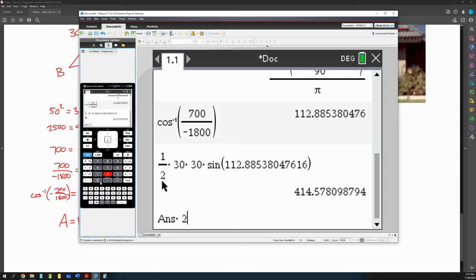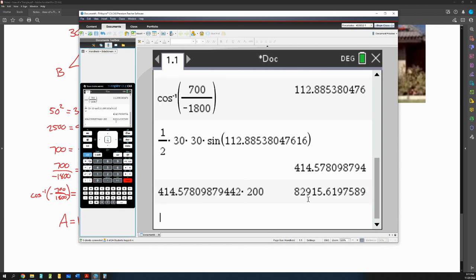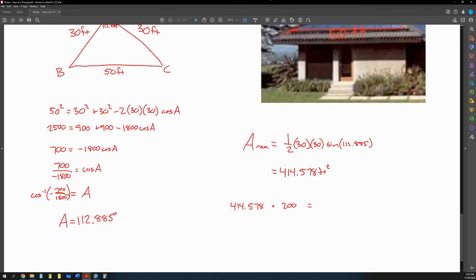Times 200, that's going to give us 82,915.620 rounding. So we have 82,915.620 watts, our units. And that's our answer.